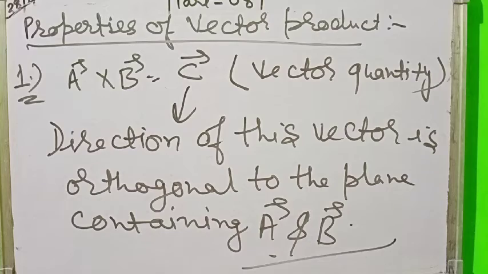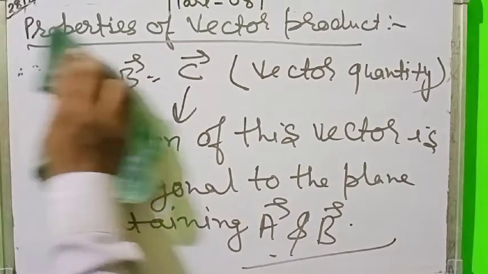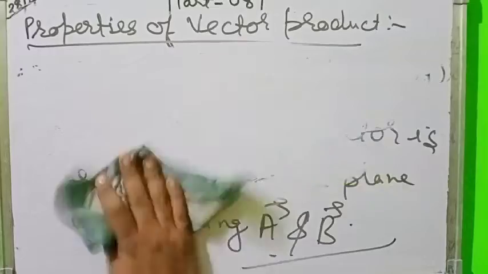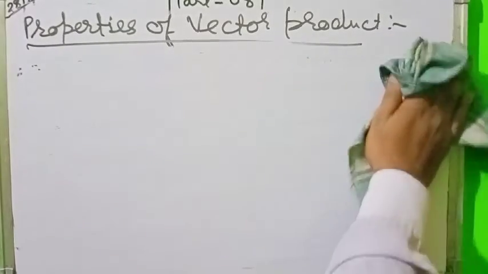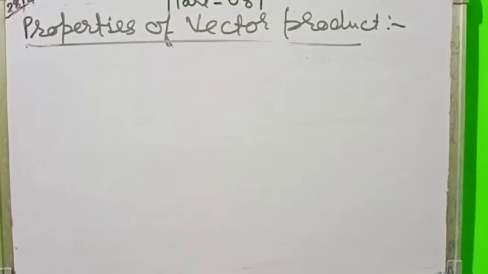The second thing is that the vector product or cross product of two vectors can never be commutative.